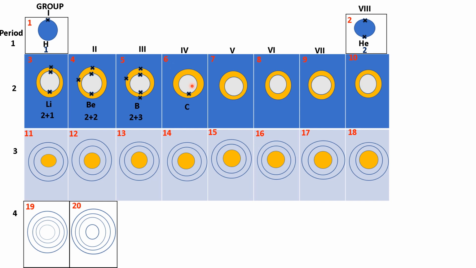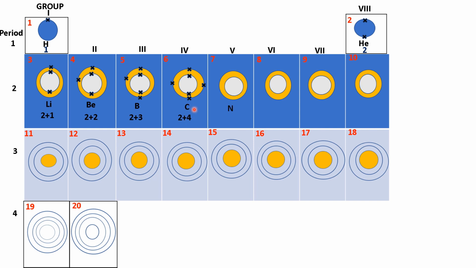Next, the carbon atom, atomic number 6. We have 6 electrons. We distribute 6 electrons: the first shell is filled with 2 electrons according to the rule, and in the second shell the remaining 4 electrons, so 2 plus 4.